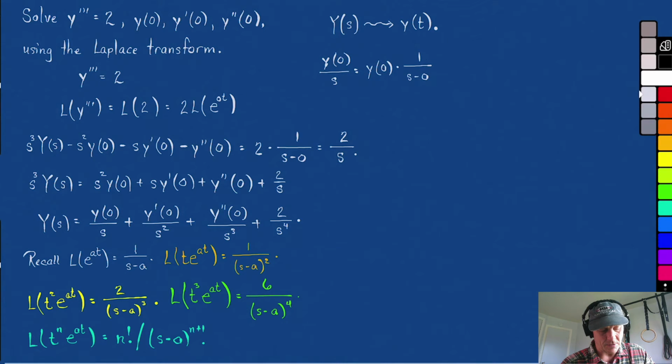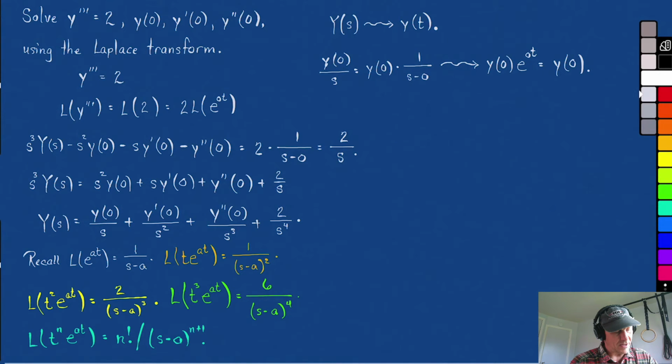Well, when I transform that with the squiggly arrow, what does that become? Well, 1 over s minus 0 is very simply e to the 0t. So this just becomes y of 0 times e to the 0t. But e to the 0t is 1, and so this is y of 0.